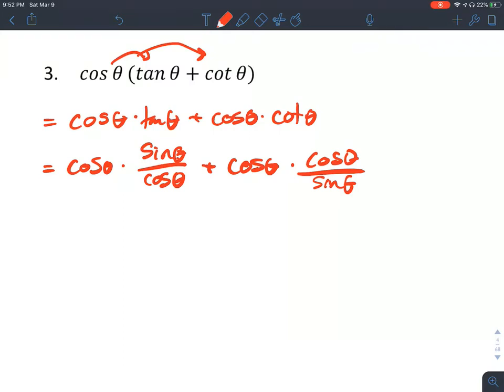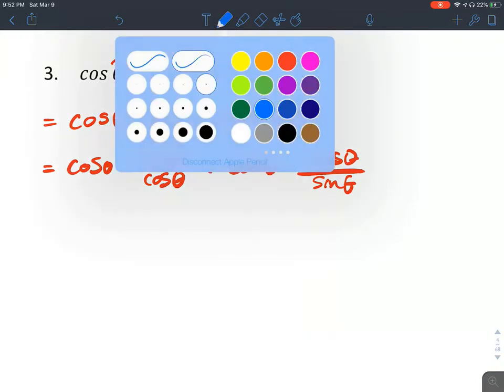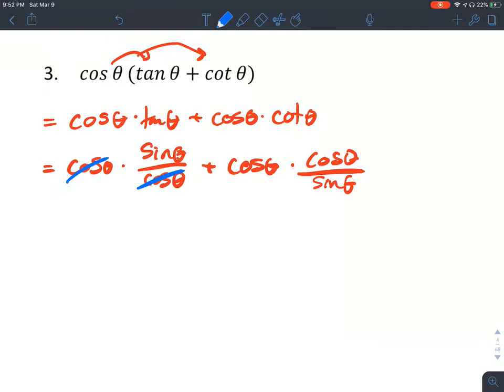So what does this do for us? We're multiplying and dividing by the same thing in that first term, so they cancel. So now we got sine of theta plus, and this next one, we can't cancel anything. We can multiply. Cosine times cosine is cosine squared of theta. And then on the bottom, we just have sine of theta.